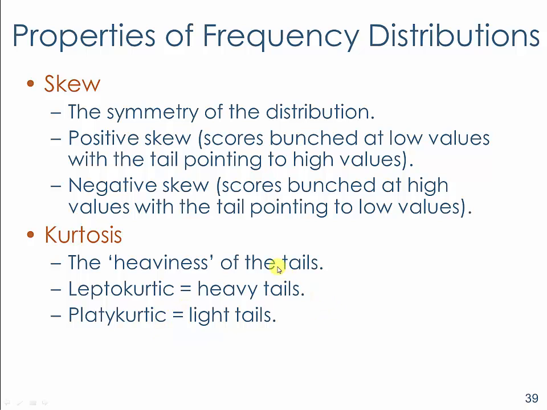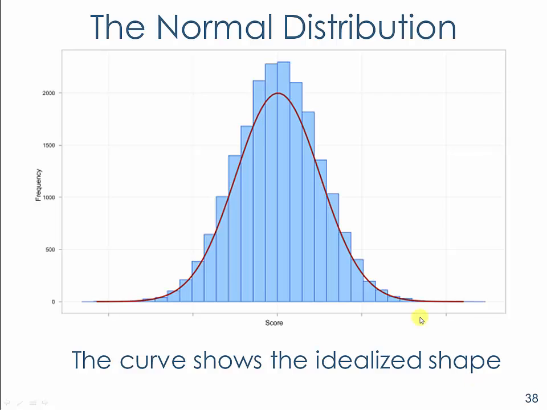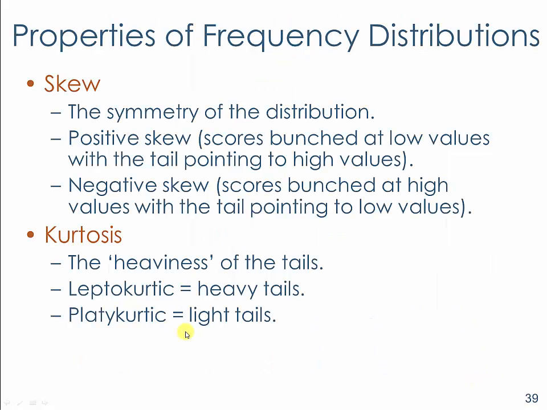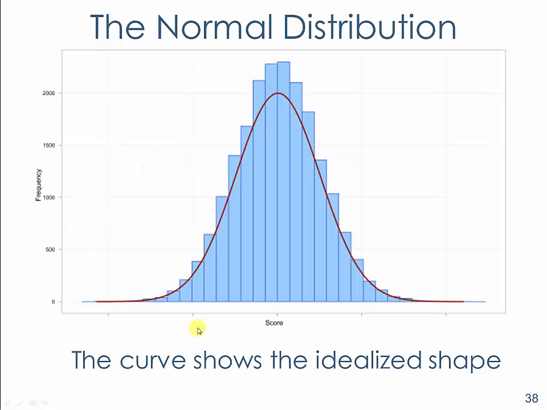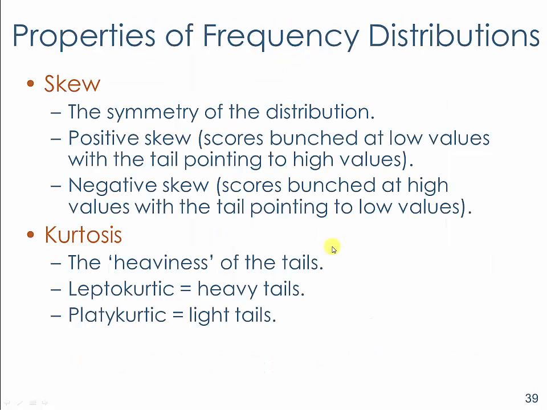The flatter the distribution is, the lighter the tails are, and these are the tails of the distribution. Then leptokurtic: think of lepto as leaping, your distribution actually gets higher, and it means your tails are heavier.